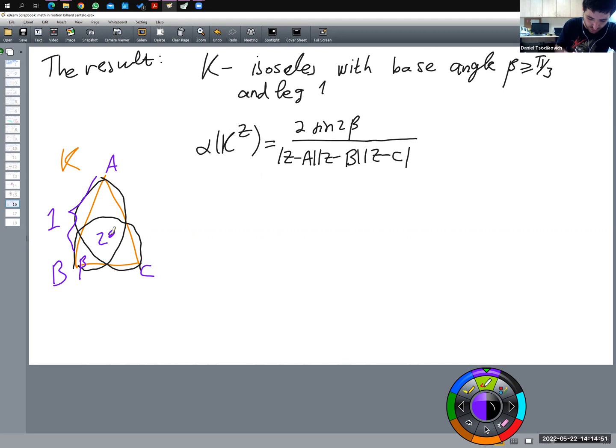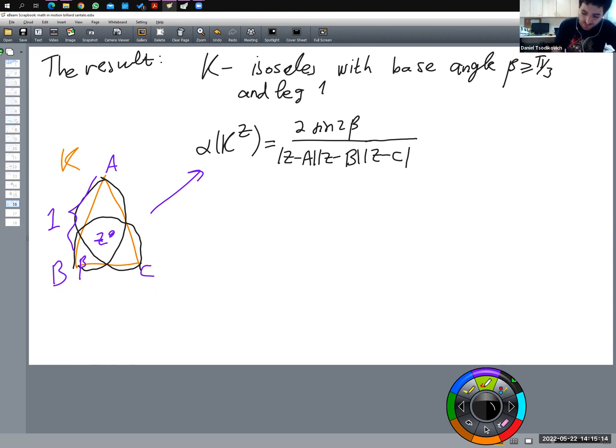For all points here, this formula holds. And this is auspiciously elegant, and I have no idea why it is so pretty. But this is what you get after you compute this expression.